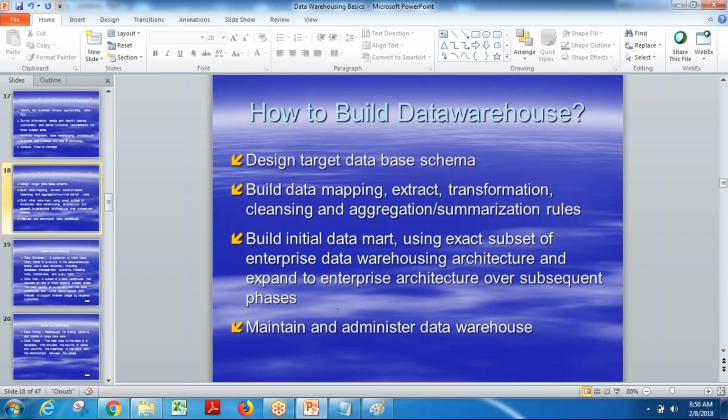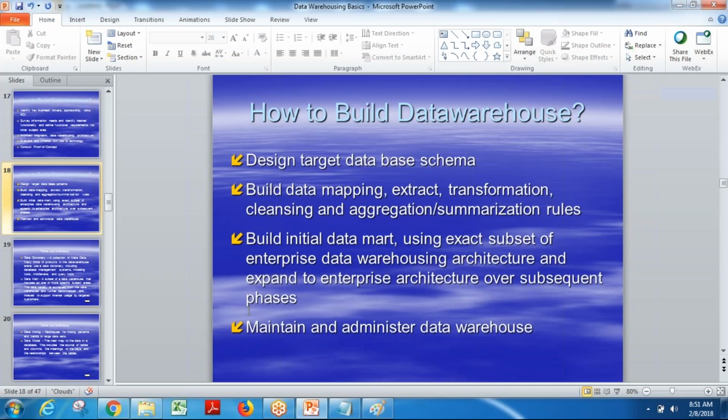The maintenance and administration of the data warehouse is a continuous activity which you need to take care of over a longer period. So these are the steps involved in building the data warehouse: identifying the transactional systems, identifying your business needs, return on investment, defining a target database schema, and defining the ETL jobs and scheduling them.